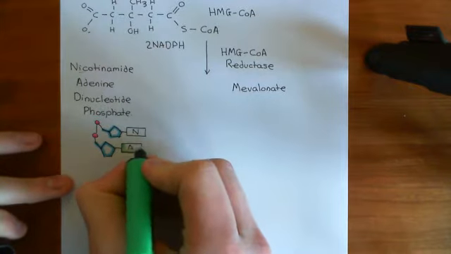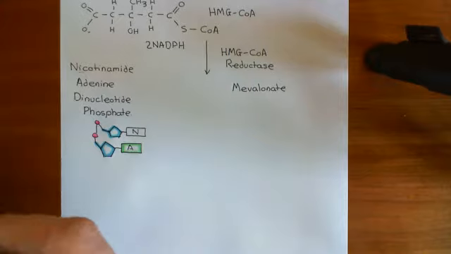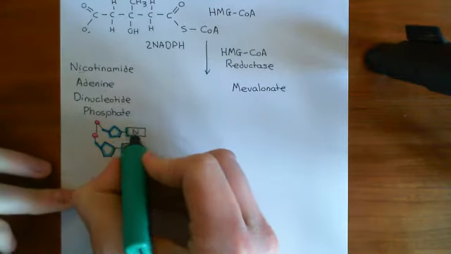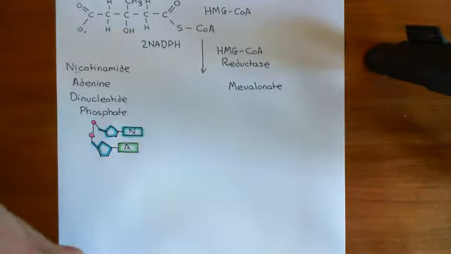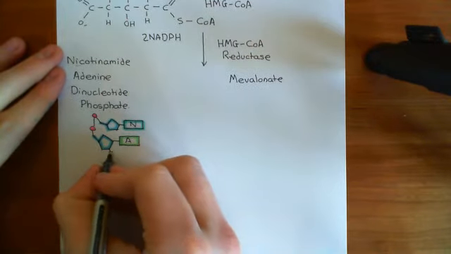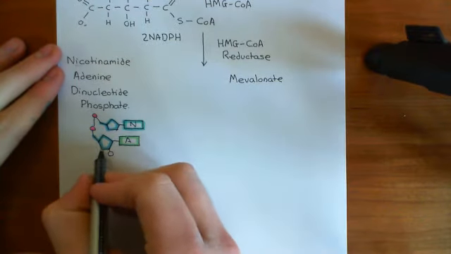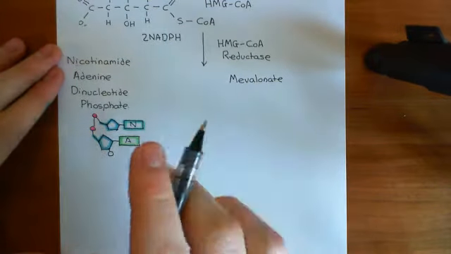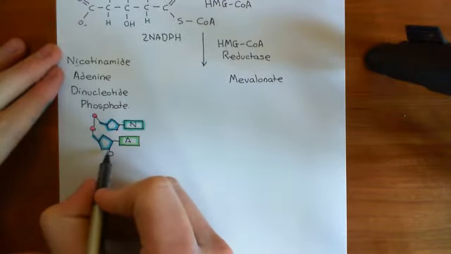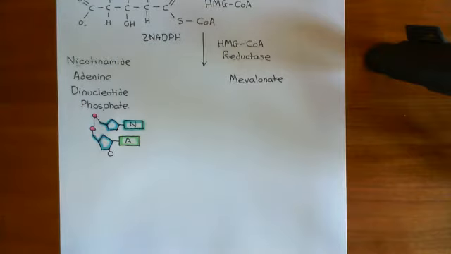However, you can also add a phosphate group onto this structure to create nicotinamide adenine dinucleotide phosphate. So we're going to add a phosphate group onto the alcohol group that comes off the 2nd carbon of the ribose sugar. Remember, these are ribose sugars, not deoxyribose sugars, so they have an alcohol group that comes off that 2nd carbon, whereas deoxyribose wouldn't.